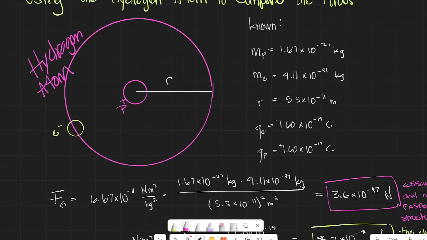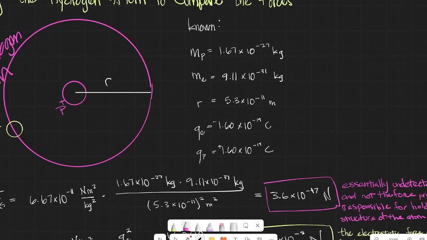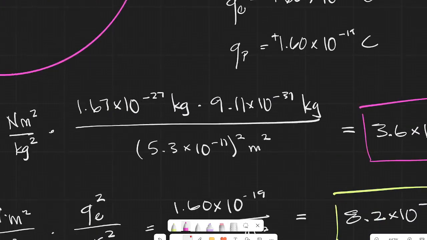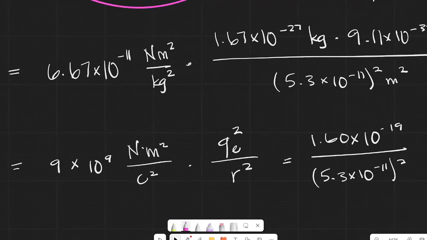All right, so what we're going to do is first calculate what the gravitational force would be between the electron and the proton, which I did right here actually, by just plugging in G m1 m2 divided by r squared. That's what this is.